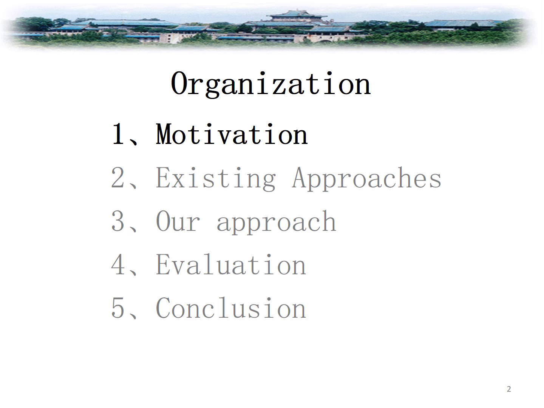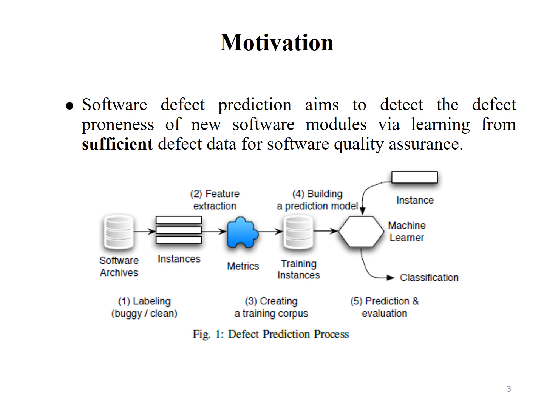First of all, let us talk about the motivation of our work. Software defect prediction is one of the most important software quality assurance techniques. It aims to detect the defect presence of new software modules by learning from defect data.